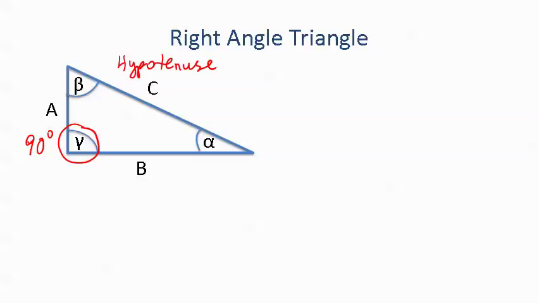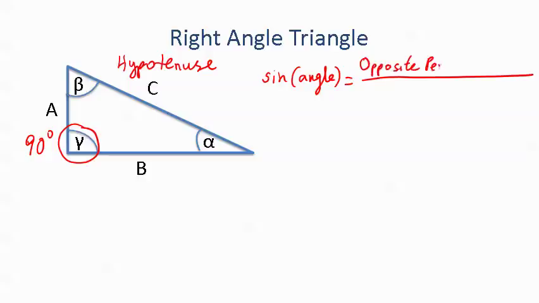So the definitions now for the sine of an angle is as follows. The sine of an angle is the ratio of the opposite perpendicular side divided by the hypotenuse.